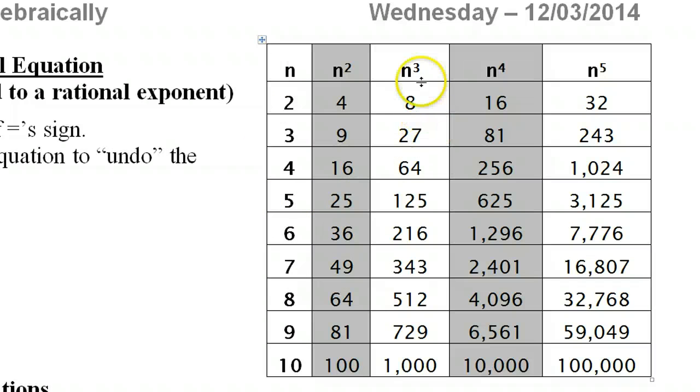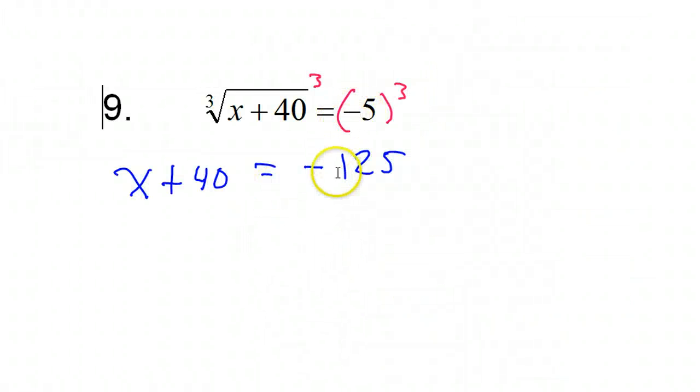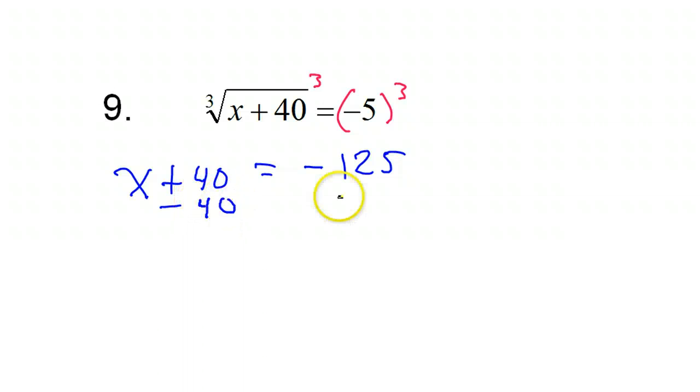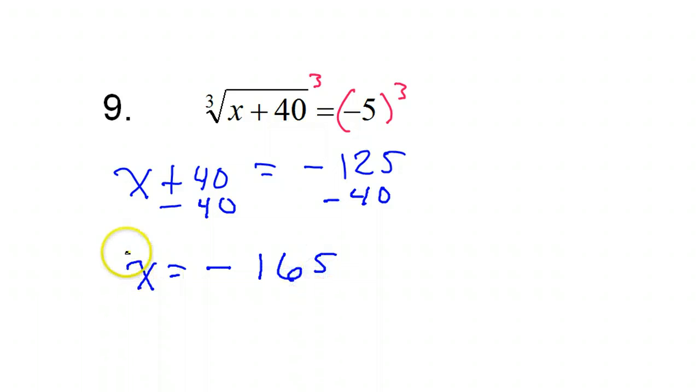Again, 5 to the third power, that's 125. And it stays negative when you have an odd power. Next, subtract 40 from both sides. So that's going to give me x is equal to negative 165.